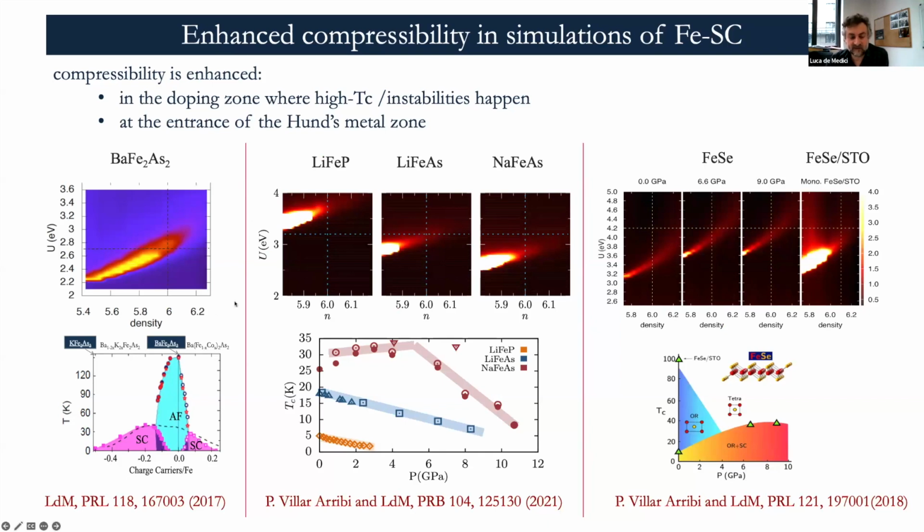I will summarize this very quickly by saying that we find this moustache, so either the charge instability or at least the enhancement of compressibility which stems from it, always where we find the highest TC. It seems to correlate with the TC in the different compounds.